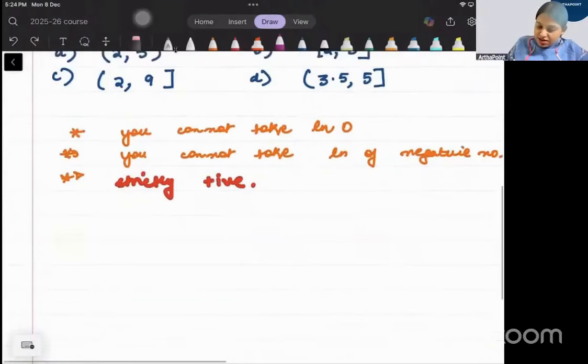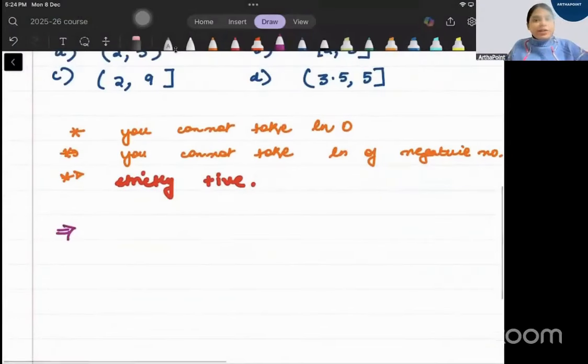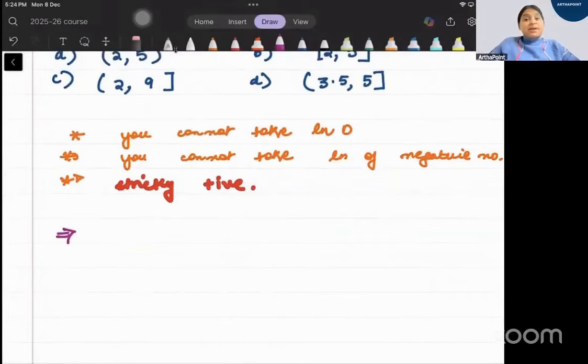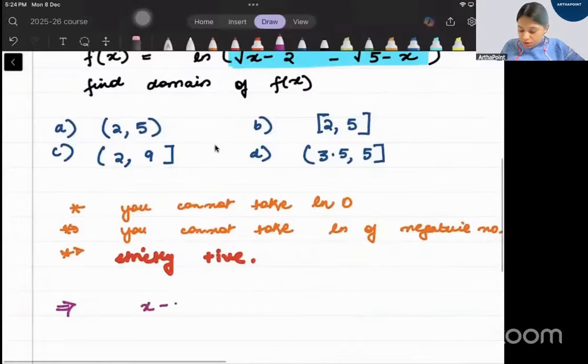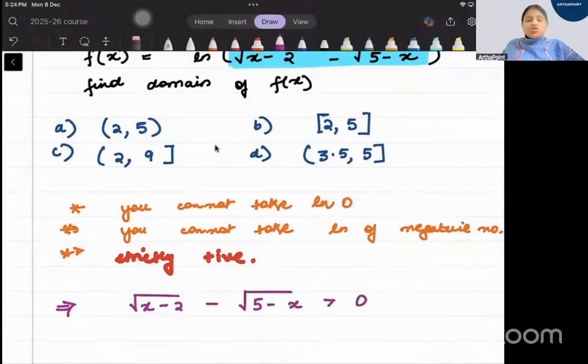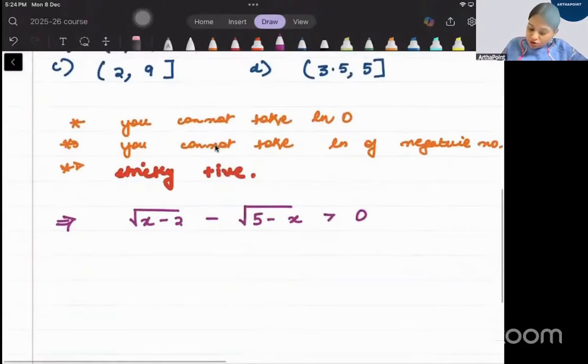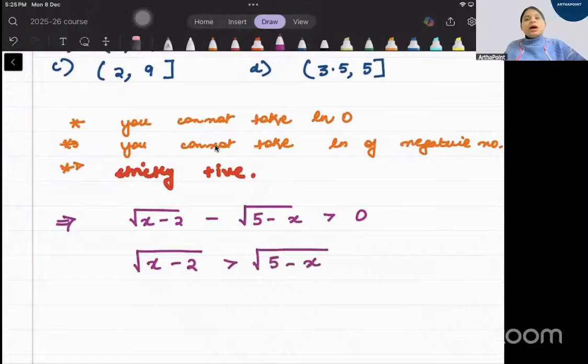So we understand that whatever comes inside the log function must be strictly positive. Therefore, x minus 2 under root minus 5 minus x under root must be strictly greater than 0. So x minus 2 under root must be strictly greater than 5 minus x under root.